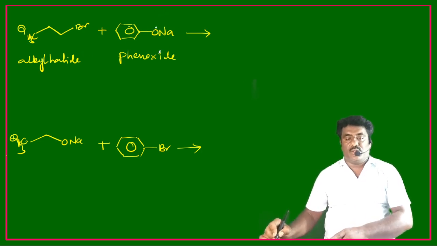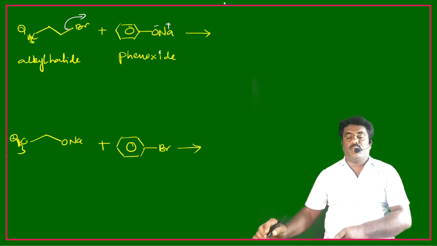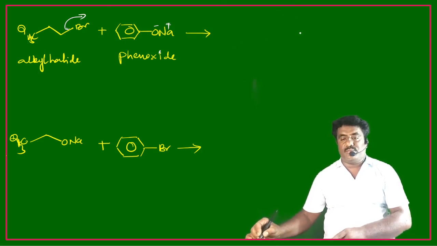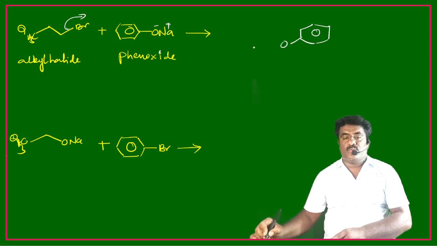With sodium phenoxide ion, the bromine is eliminated, and this is the product, with CH2, CH3 and CH3.